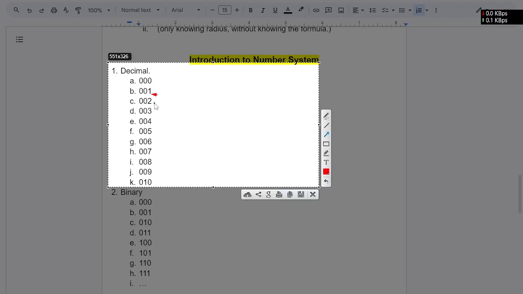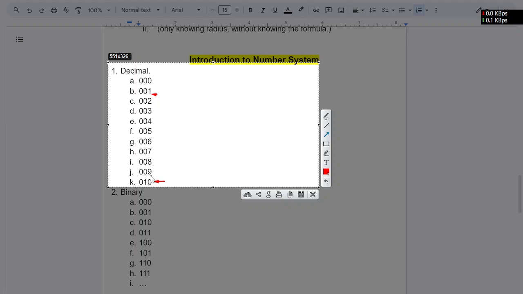We will increment this by 2, then 3, then 4, then 5, then 6, then 7, then 8, 9, and at the end, we cannot increment 9, because 9 is the most significant symbol digit of the decimal number system, so we cannot increment this 9.